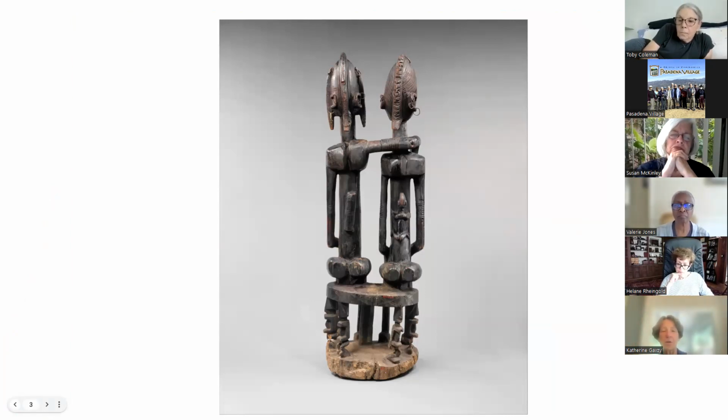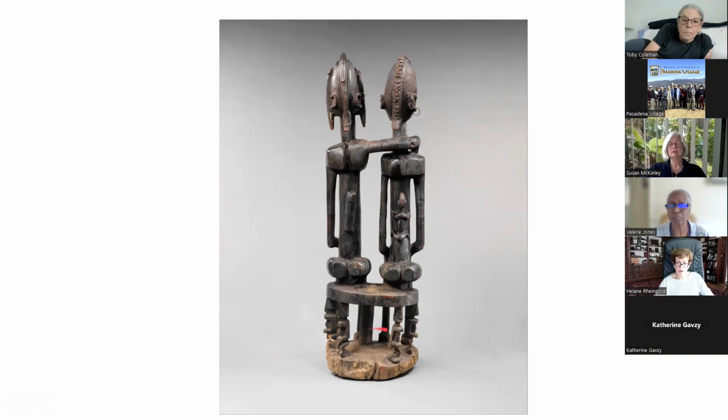And then the smaller, reduced size figures who represented the donors, or others who are smaller and kneeling below them. So there was also this idea of emphasizing small people at the bottom and big people at the top, if you will.